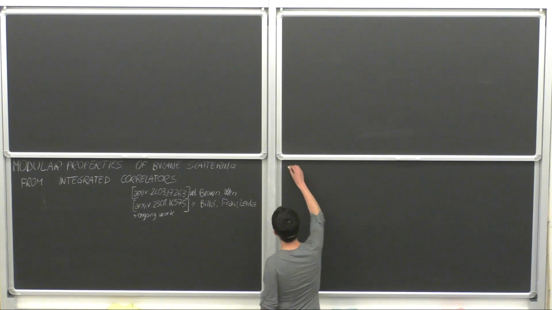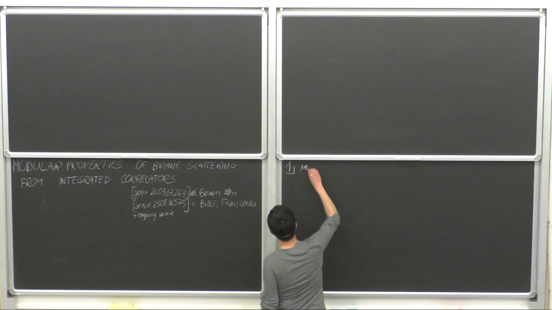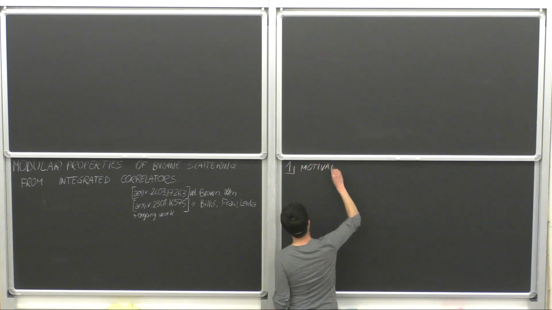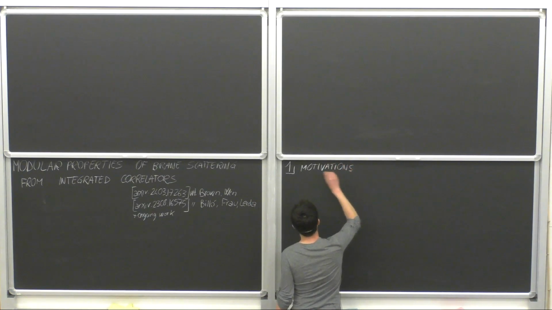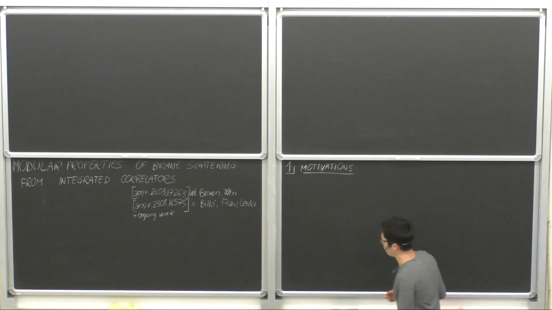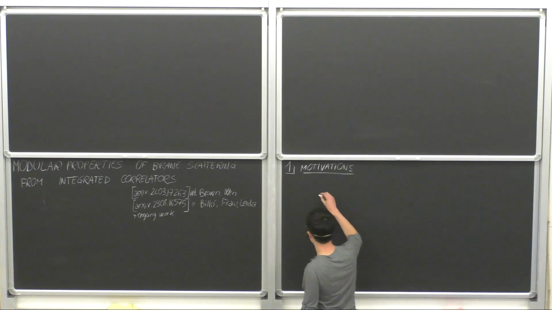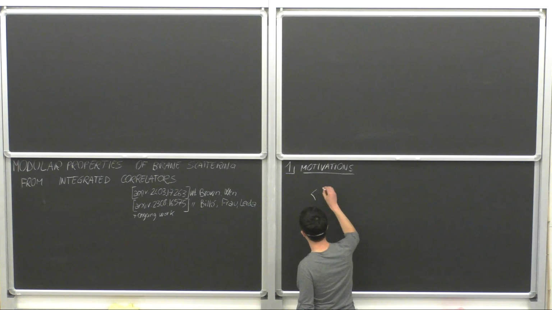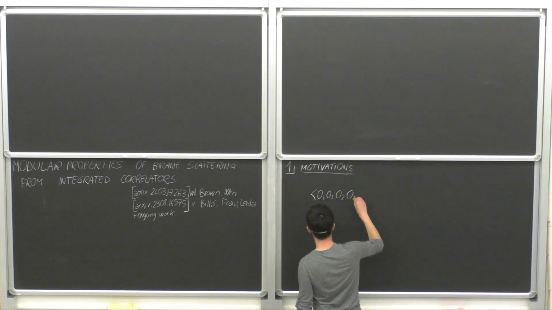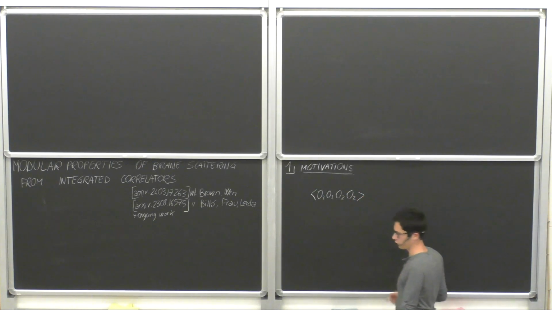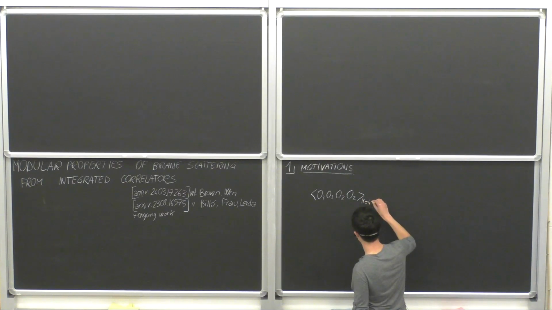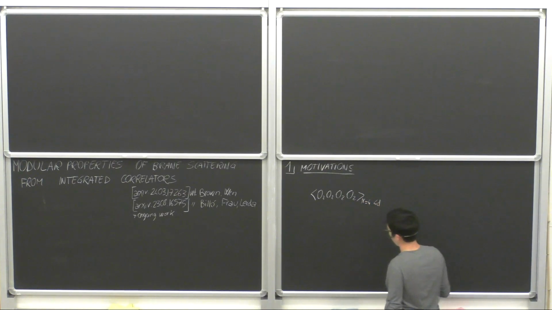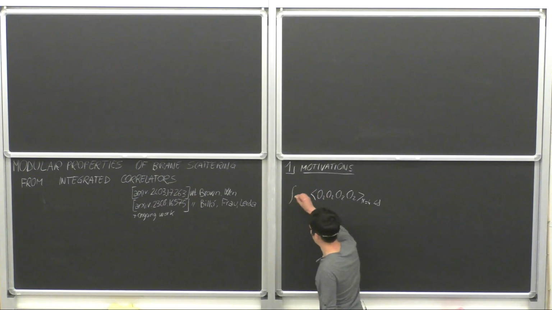Let me start by giving some motivations. We have been hearing a lot about this integrated correlator story, which are in general, schematically, we can consider this class of 4-point function. Let's consider the simplest one, the 4-point function of 4 operators in N equal 4 super Yang-Mills theory in 4D, integrated with a certain special measure.